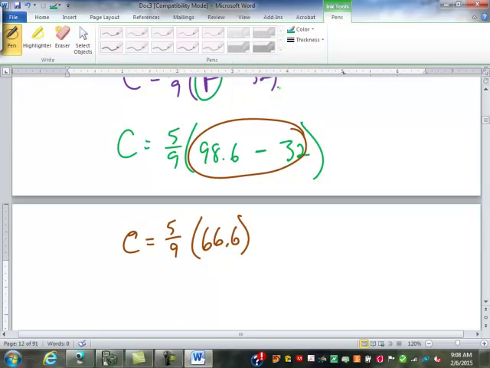Now then to find C, I'm going to multiply by the 5/9. 5/9 times 66.6 is 37. Any questions? Okay.